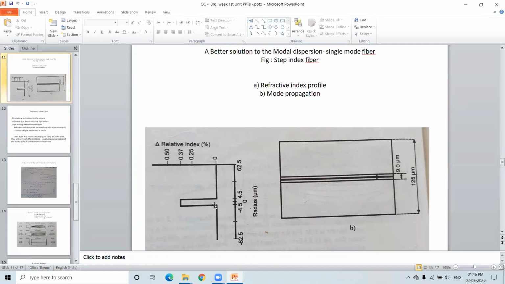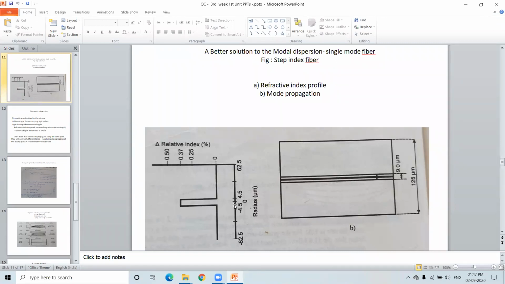The core diameter of the single mode optical fiber is nearly 9 micrometers, or sometimes it is less than that. So now you can expect how difficult it is to have such a very small core diameter. Not only that, we have to launch the light into the small core diameter of the fiber.